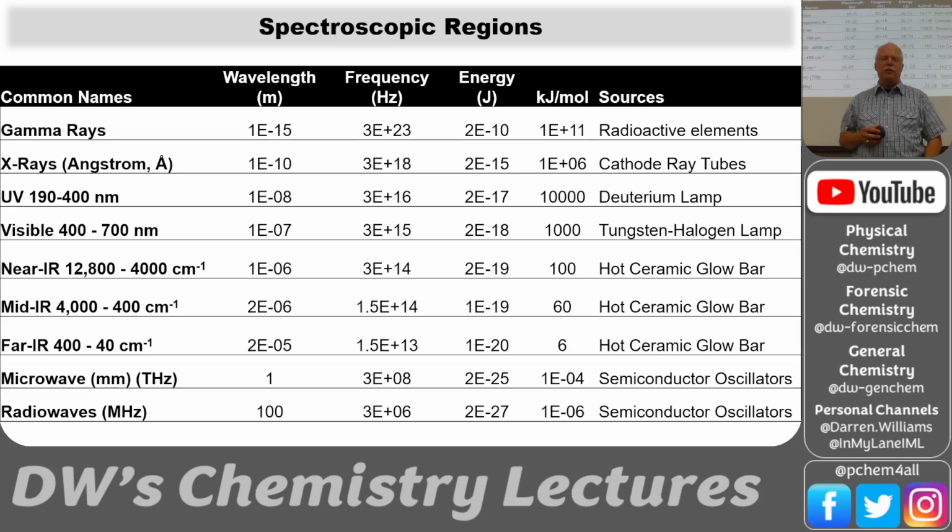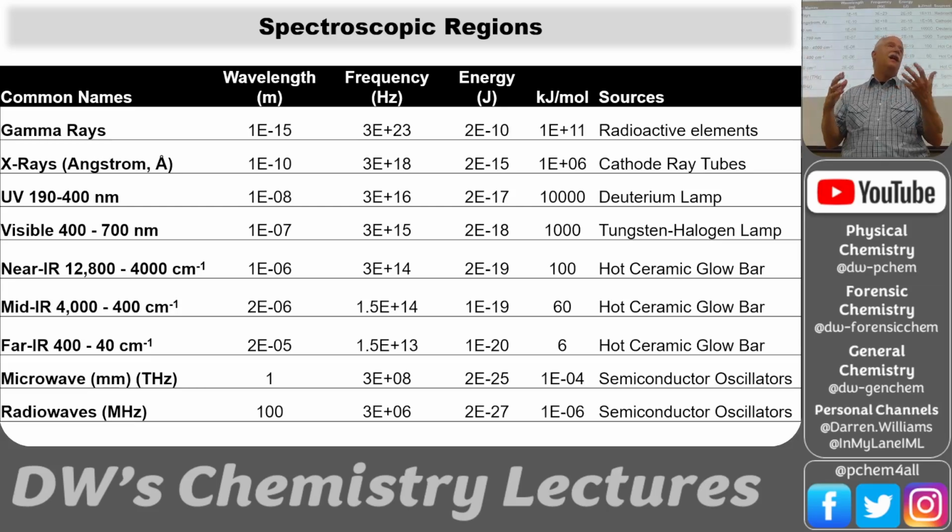Here we are in terms of all of the different spectroscopic techniques. You can kind of see here this kilojoules per mole. When we get into the visible range, we're roughly in the 1,000 kilojoule per mole range. And that's where you're breaking bonds, right? So that's the dissociation energies in the visible and in the UV. That's why the UV is damaging to our skin and other materials, because it has enough energy to break bonds.